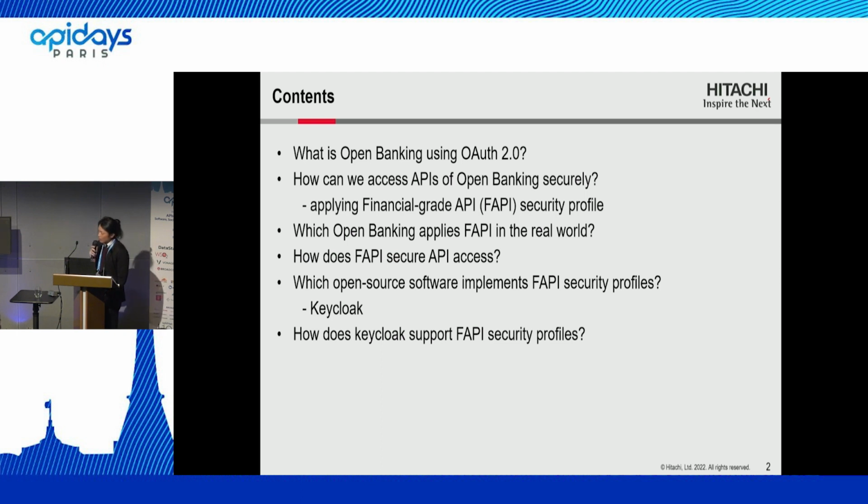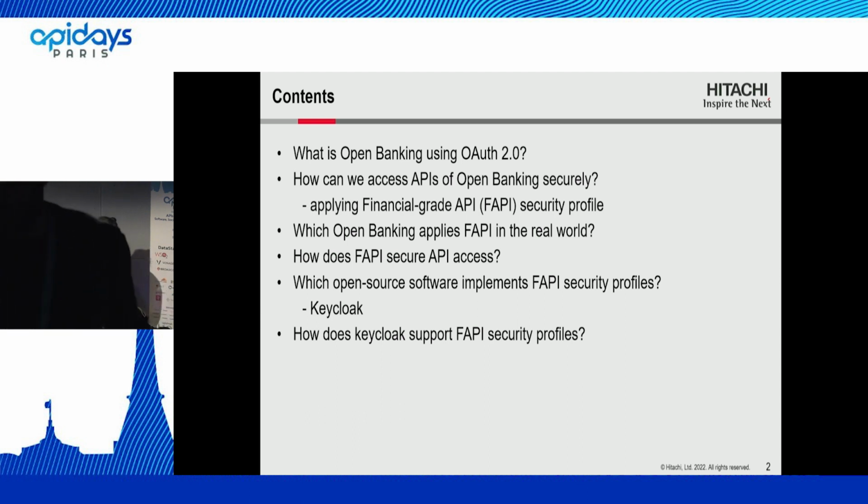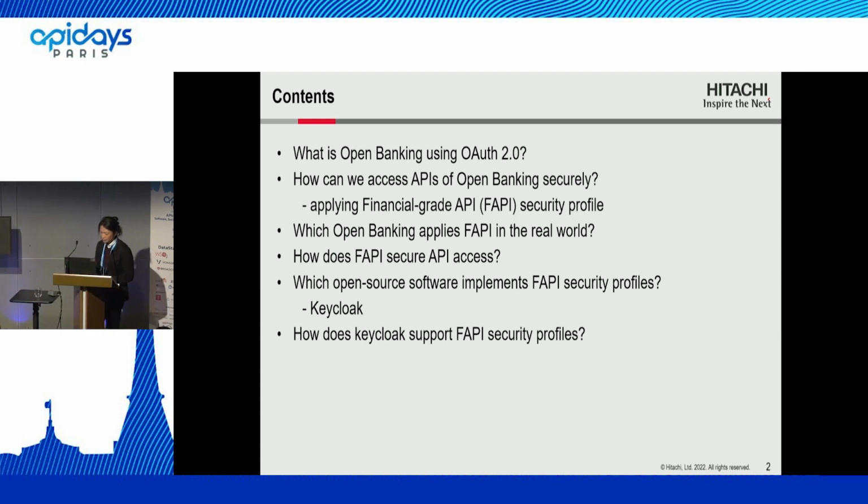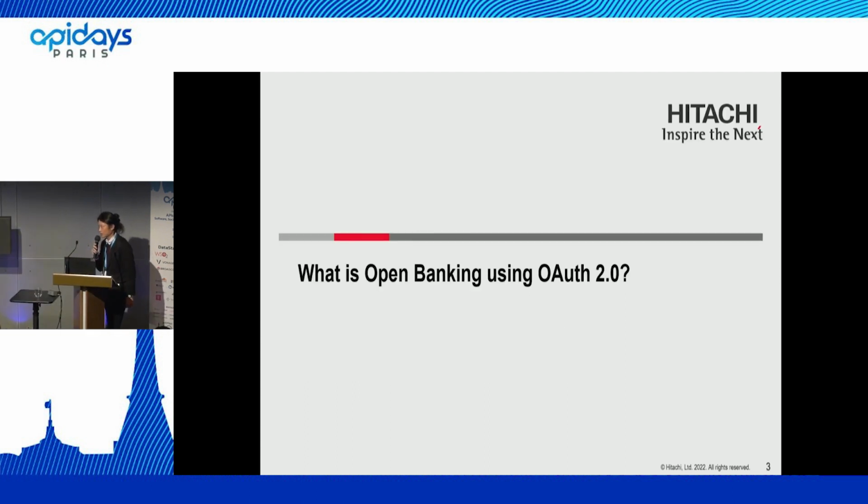Next, I would like to pick up the open source software that actually implements FAPI security profiles, namely Keycloak. Finally, I would like to describe briefly how Keycloak supports FAPI security profiles in a flexible manner. So let's move on to the first item.